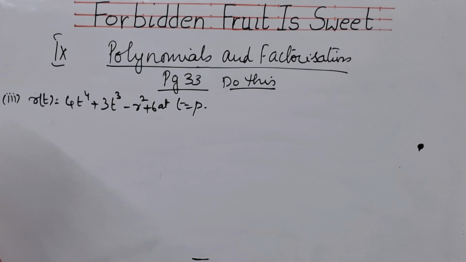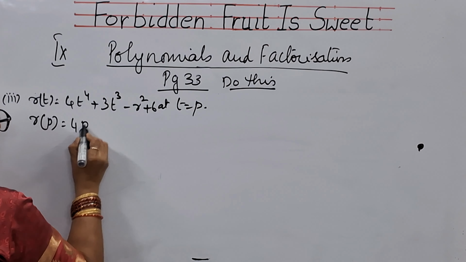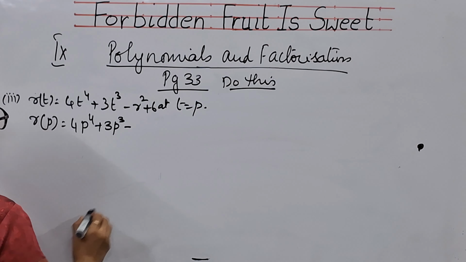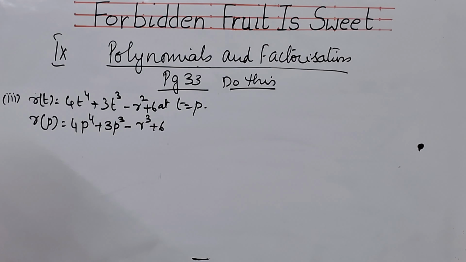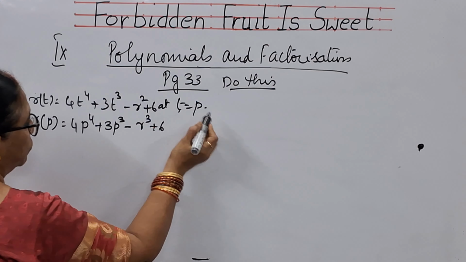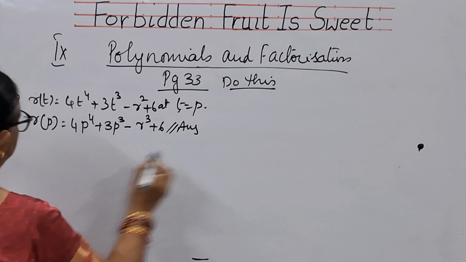Instead of t, you have to keep p. That means r of t is equal to 4p to the power of 4 plus 3p cube minus r cube plus 6. This itself is the answer, children. You cannot simplify further because here both of them are variables. This itself is considered as the answer.